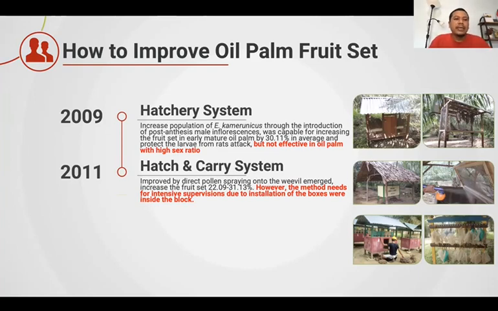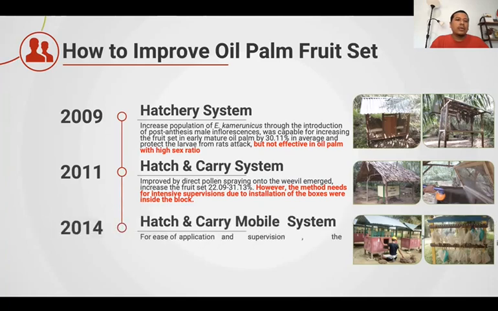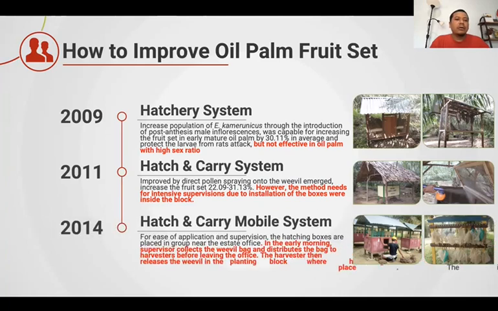this method needs intensive supervision due to the installation of the hatching boxes being inside the block. So to increase application and supervision, the hatching boxes are placed in a group near the office.